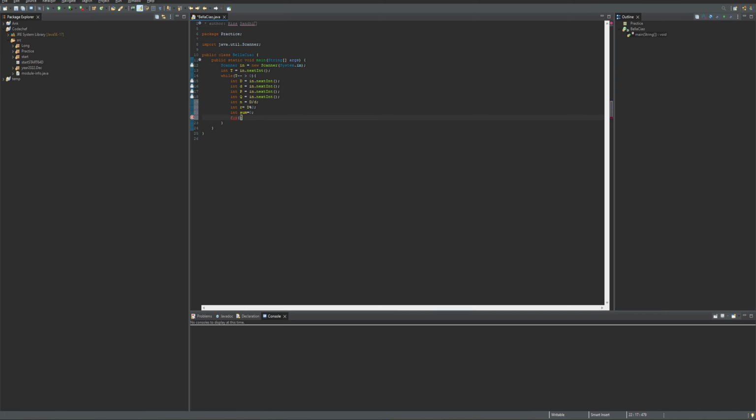Then a for loop: i equal to 0, i less than n, i plus plus. Now rate equal to P plus i multiplied by Q.